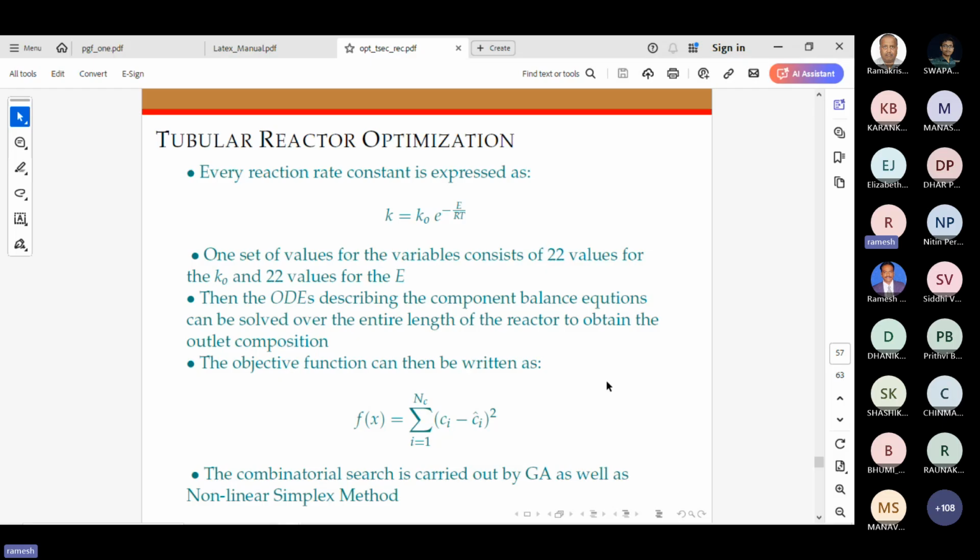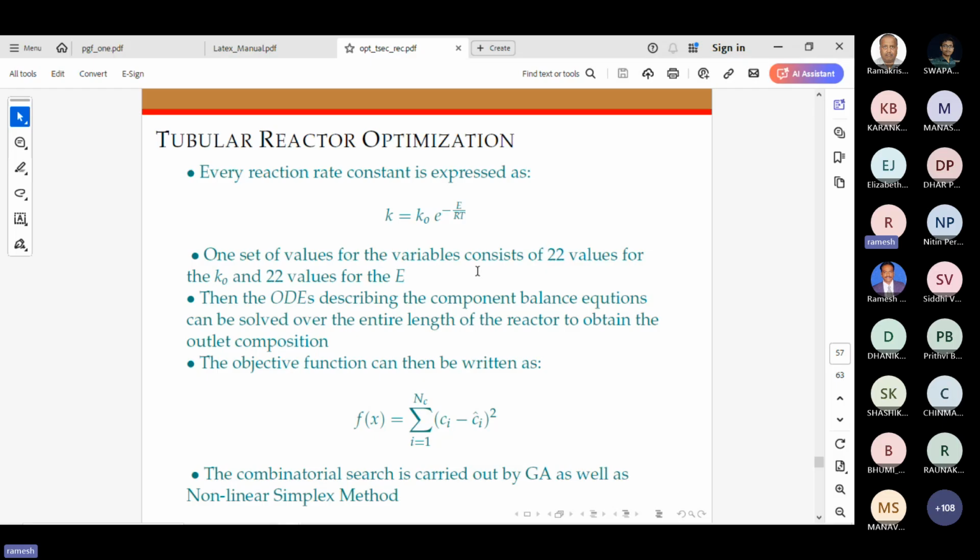The output composition for a particular set of inputs has to be compared with the available experimentally obtained data, so that the difference can be minimized and you can find the optimum set of values. One set of values consists of 22 values for K naught and 22 values for the activation energy E. So there are 44 variables here, which form the decision variables.